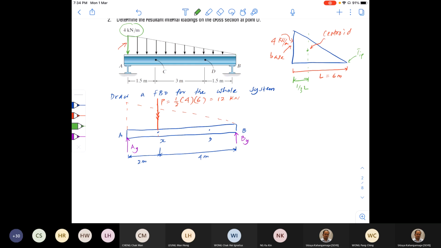Okay. So if you don't know how I got this one, this is 1/3 of 6. Okay. So now can you find out AY and BY? Now you can, right? But in fact, in this question, I think you need only BY. So therefore, find out BY.